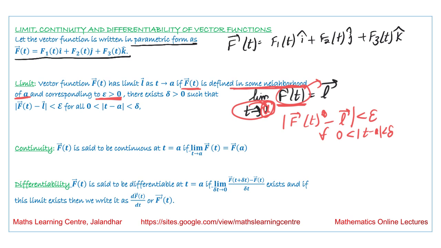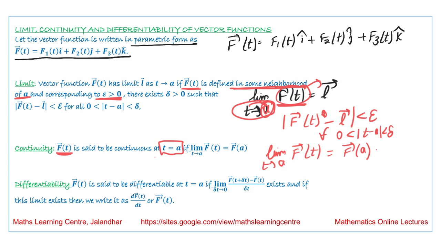Now the definition of continuity: f vector t is said to be continuous at t equal to a if the limit as t tends to a of f vector t is equal to f vector a.